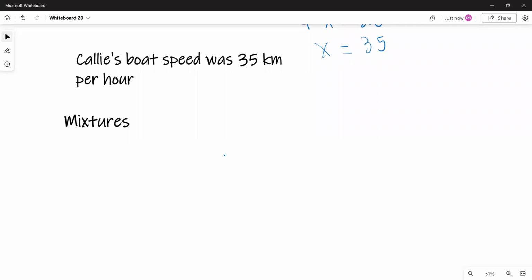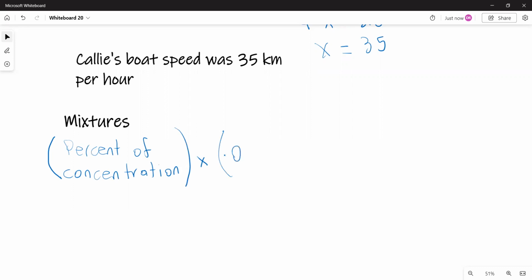So this is going to be the key. The percent of concentration times the quantity is going to be equal to the amount of pure substance present.